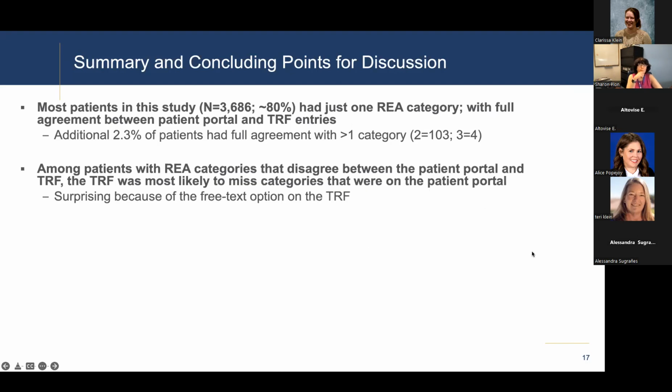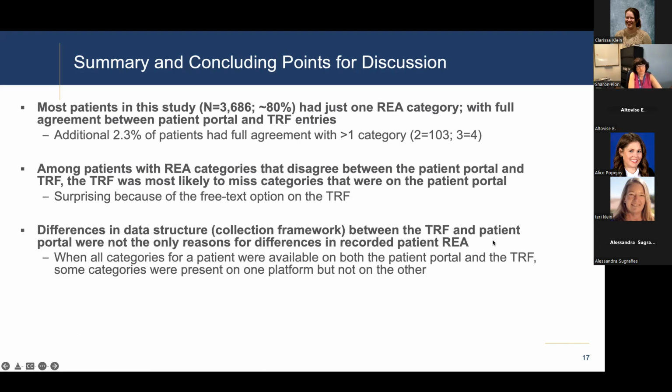Among those that had a disagreement between the portal and the TRF, the TRF was more likely to miss categories that were present on the patient portal. And this was sort of surprising because, again, there was that free text option on the TRF. But of course, there were some cases where people added a lot of information on the TRF that was not available in the patient portal.